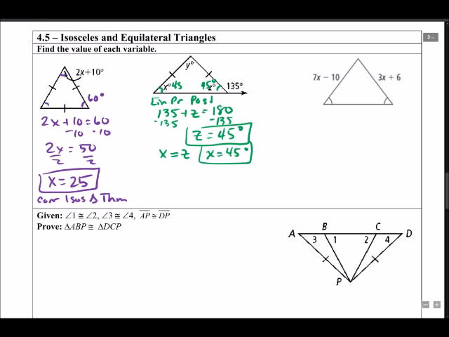And then I can just simply use my triangle angle sum theorem to say that 45 plus 45 plus y is 180. So subtract 90, y equals 90 degrees. So I have a 45, 45, 90 triangle. You will come to enjoy those later.